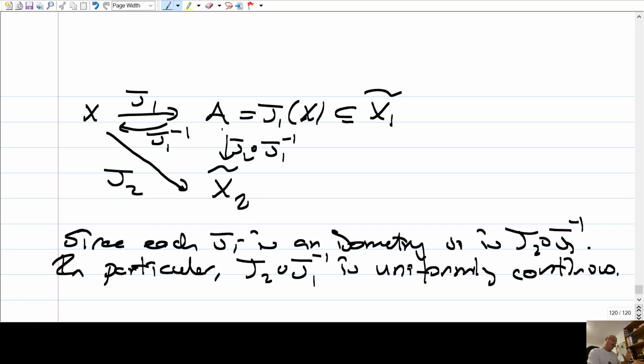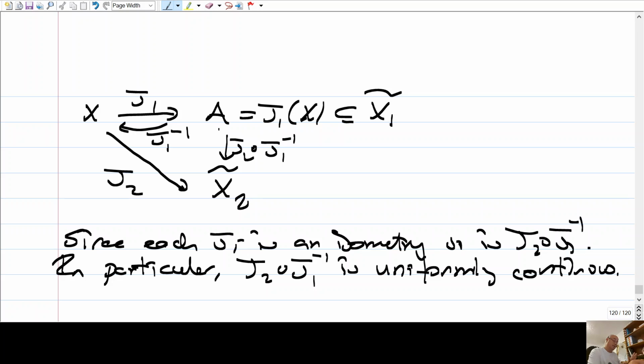Now we have the exact setup in the proposition or theorem we proved some time ago. I have a metric space, a dense subset, and on that dense subset I have a uniformly continuous function into a complete metric space.